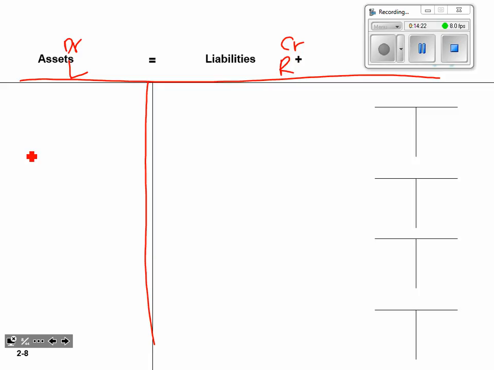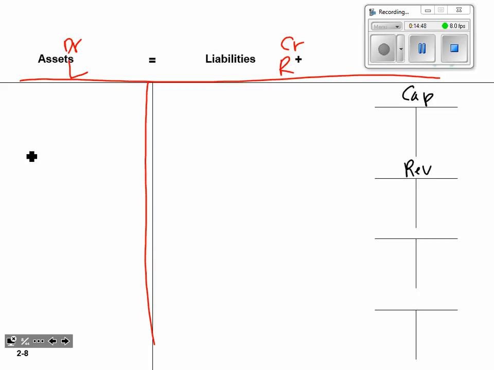A left or a right? Right, or credits. What do you think the owner's equities are going to be? It's on the right side of the big T, so it's probably right. What's another word for right in accounting? Credit. Okay, now be careful here. There's two naughty accounts. One of them's capital. One of them's revenue. I'm going to stop right there.